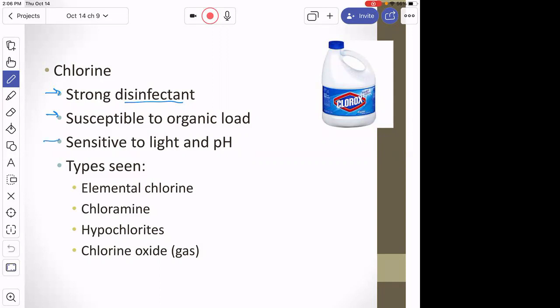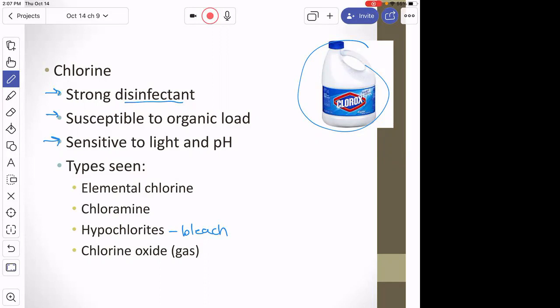One disadvantage is it's quite sensitive to light and pH. So when you buy bleach, and by the way, hypochlorite is the technical term for bleach, you're always going to buy it in opaque containers. The reason is that light will make the bleach dissociate into chemicals that won't have any antimicrobial power at all.